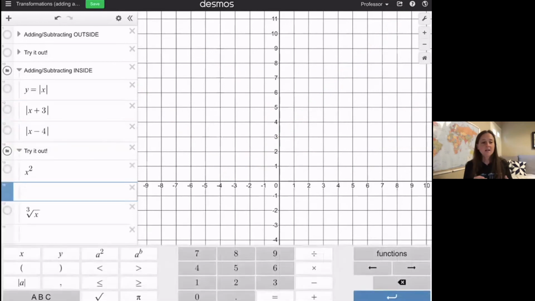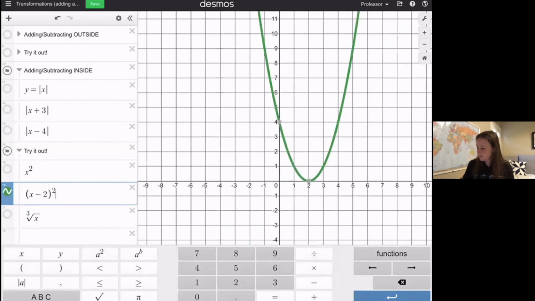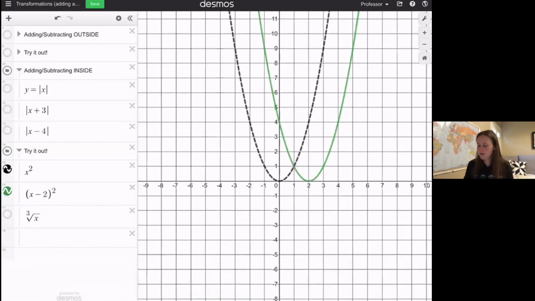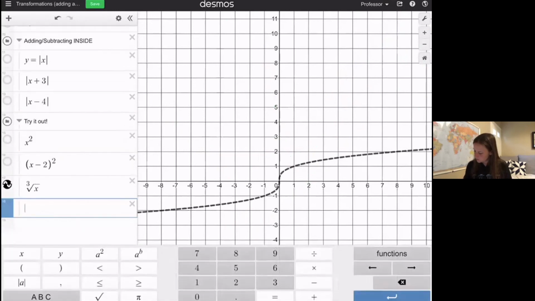All right, so let's try out our rule and make sure it works for the other ones. For x squared, we know what it's like to add or subtract outside. Inside x squared means that I'm going to put a set of parentheses, and we'll try x minus 2 squared. Sure enough, it takes that x squared graph and moves it to the right, and again, kind of backwards of what we might think. Then let's do the cube root of x.